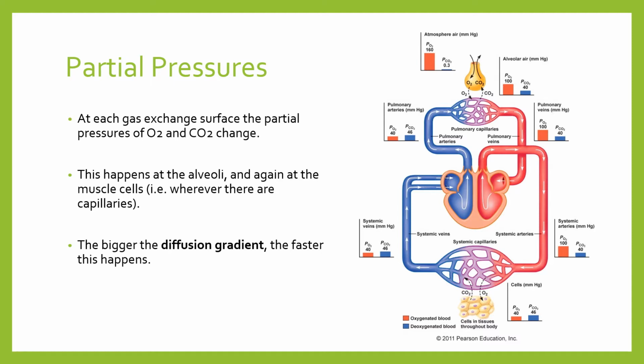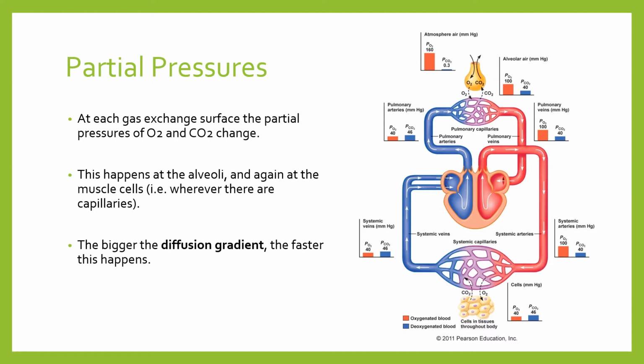Now, this video is all about what happens to that diffusion gradient, the difference between the high and low proportions of oxygen and carbon dioxide, when we move to altitude, when we move beyond sea level and go up a mountain or up a hill. What happens to the difference between the concentration of oxygen in the air and in the alveoli versus the concentration of oxygen in the bloodstream?